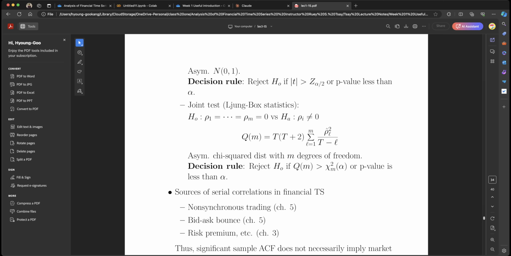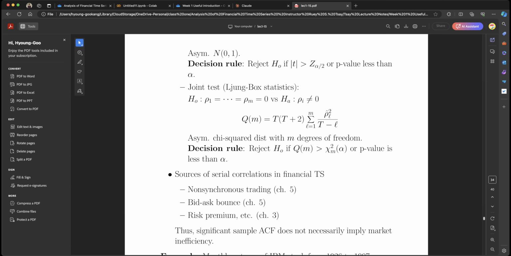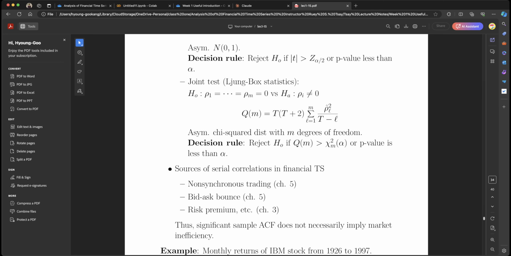The decision rule is to reject H naught if this is greater than the threshold or the p-value is less than alpha. It is a chi-square distribution, so we check whether it is greater than the threshold value. If the market is efficient, they should all be zero.